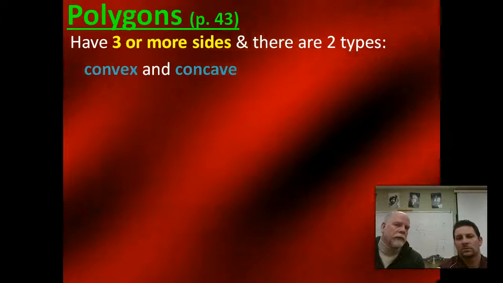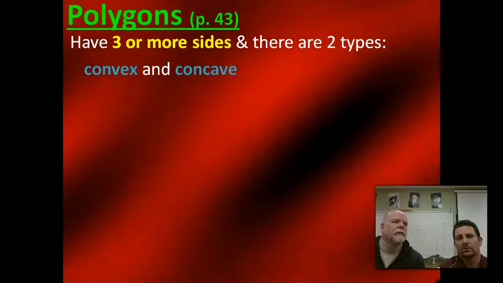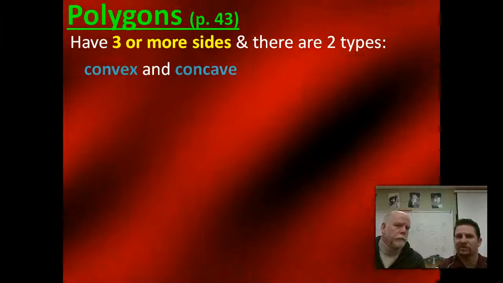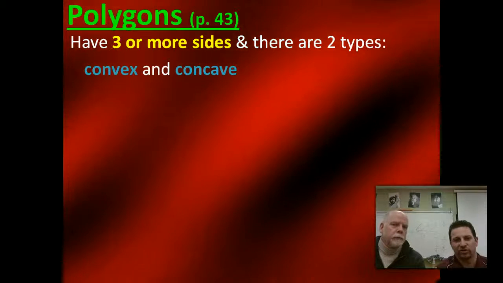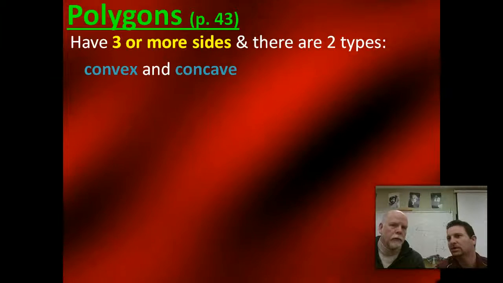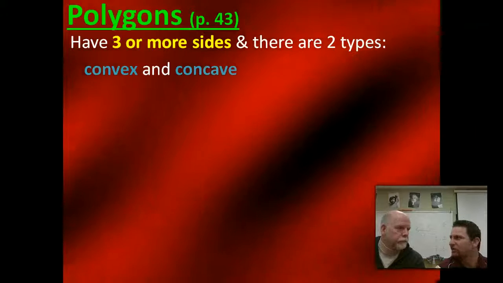We'll look at some examples as we go here, but convex are the typical polygons that you think of. The way I always tell my kids is just learn to recognize what concave is, and everybody else is convex. The way I tell my kids too is just imagine that the shape you're looking at is a cardboard box, and if somebody heavy sat on it, it would cave in. Just picture it. Did somebody sit on that box, and is it caving in back towards the middle? That's the way I always envision it.